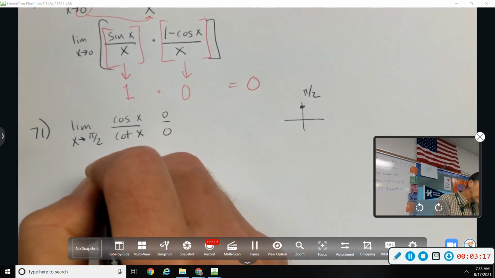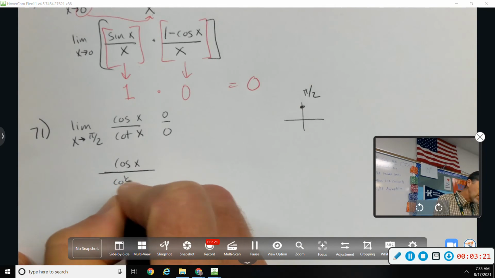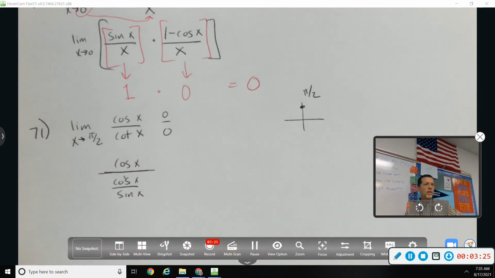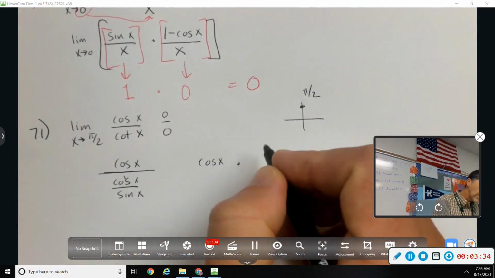But in place of cotangent, I could rewrite that as cosine over sine. It's maybe not clear how or if those things can cancel, so keep it, change it, flip it to make sure you get it right.